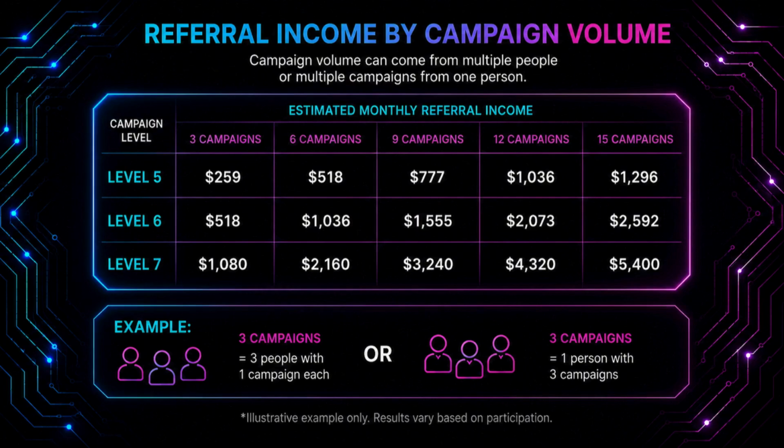To achieve the 15 campaigns income, it could mean just 5 referrals with 3 campaigns each, or 15 referrals with only 1 campaign each, or any mix in between. At level 7, the monthly referral income examples range from 1,080 USDT with 3 campaigns to 5,400 USDT with 15 campaigns. This shows how referral income can scale when higher-level campaigns are purchased by your referrals and campaign volume increases.